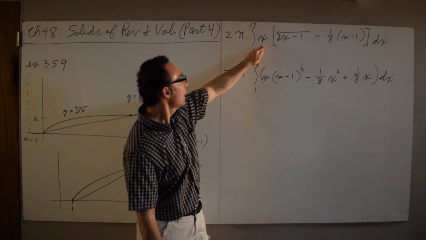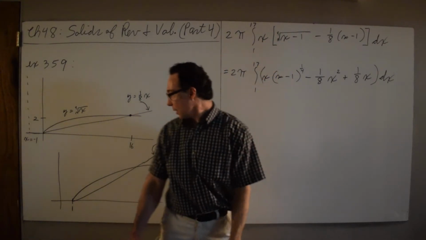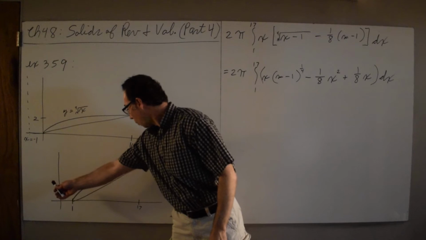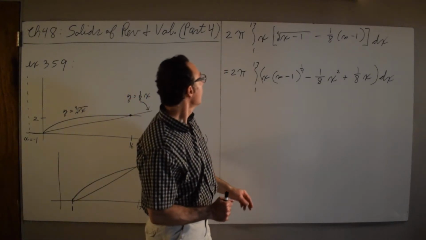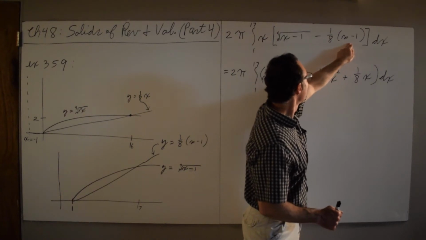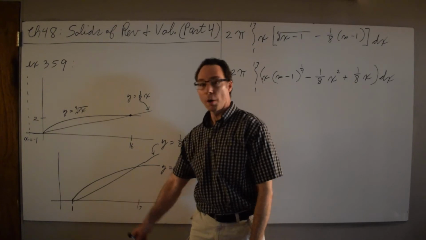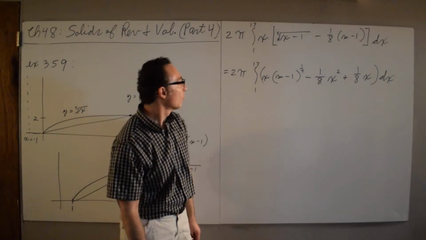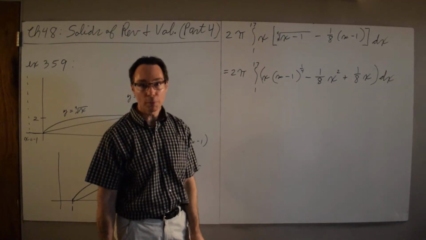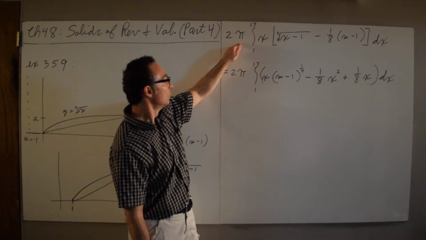So 2 pi x times this function, if we integrate that, that gives us the volume of the larger object. And then if we integrate 2 pi x times the 1/8 times x minus 1, that gives us the volume of the smaller object. And then we take the volume of the larger object minus the volume of the smaller object, and we can write that as this integral here.